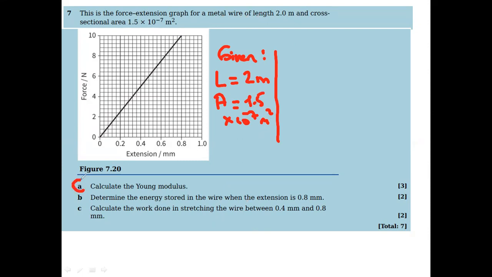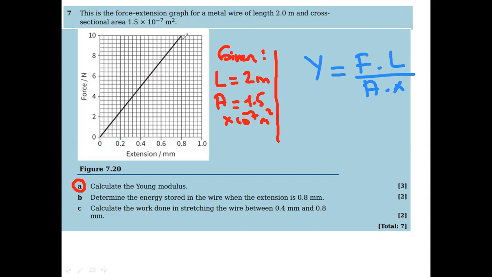Question A: calculate the Young modulus. We have just seen that the Young modulus is equal to F times L divided by A times X. We know A and L are given, and we will get F and X from the graph.